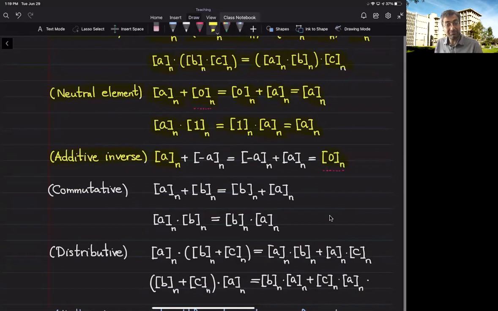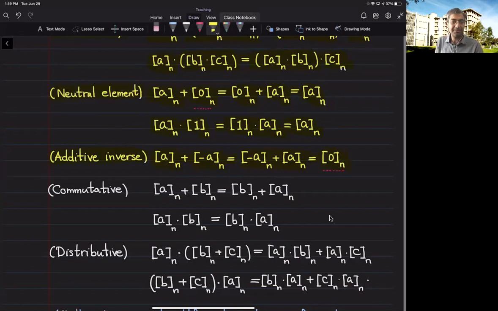The neutral element with respect to addition is the residue class of 0. Now, every residue class that you give me, I can add the residue class of negative A, and it doesn't matter what order I pick, and I end up getting the residue class of 0. Remember, I have to add A to negative A. I end up getting 0, so I end up getting the residue class of 0, which is the neutral element of addition.